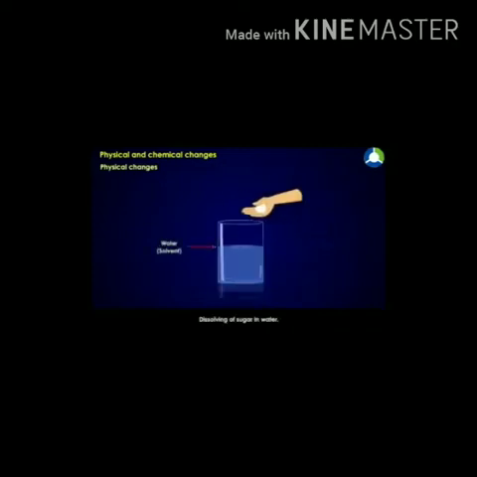Now, let's study about physical and chemical change. First is physical changes. A physical change is a temporary change. Let's study examples of physical change. Dissolving of sugar in water.